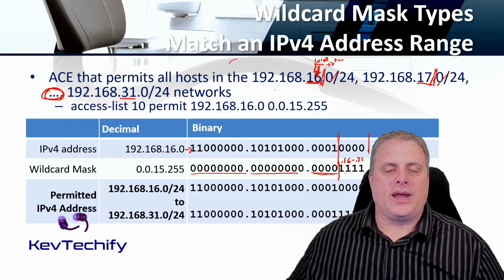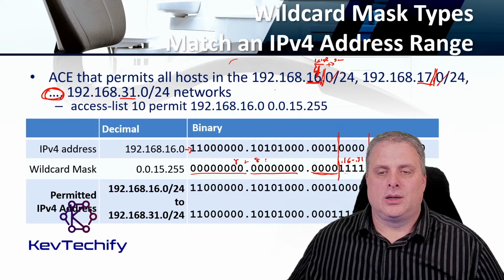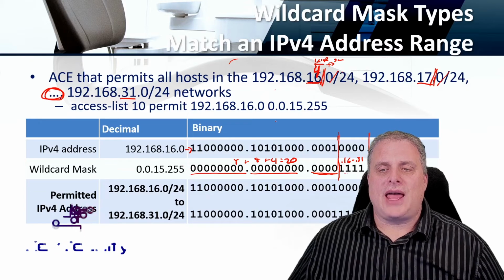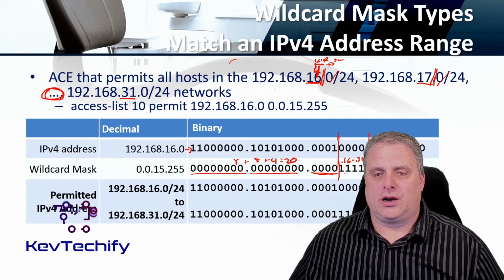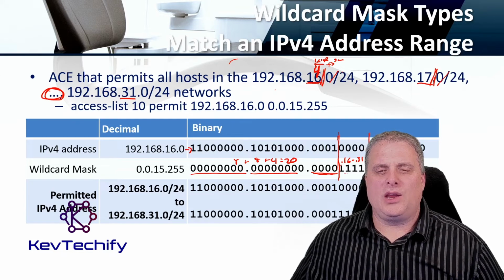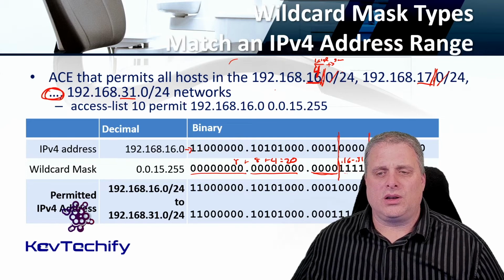So we wind up going 8 plus 8 plus 4 equals 20. The first 20 bits we're going to match, so that gets our zeros. The last 12 bits get our ones because we're going to ignore those. We don't care what the values are in there, because it could be any one of those networks, .16, .17, all the way up to .31.